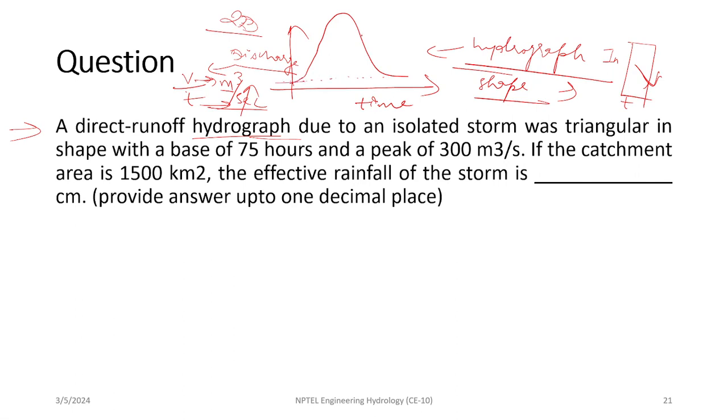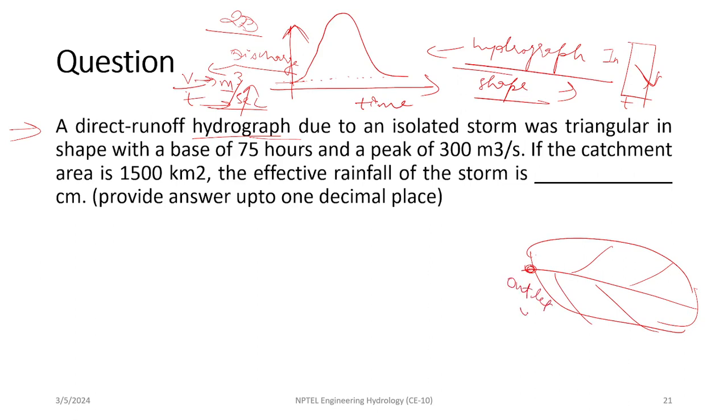Now if I take a watershed having streams like this, and one outlet, that outlet is a gauging point where I am measuring the discharge.